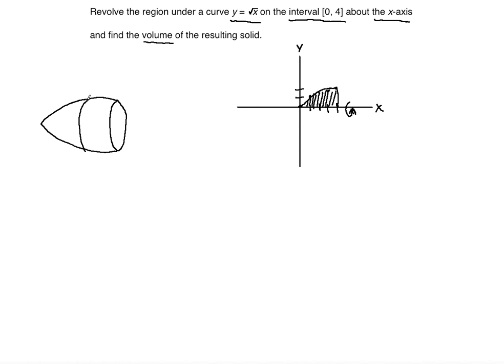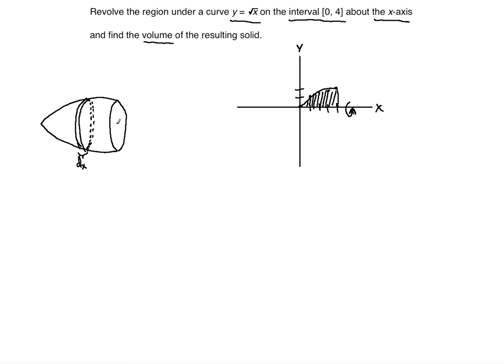Now take a look at this. Notice that this solid can be broken down into cylindrical slices, like that. Each cylindrical slice will have a thickness, which you can call the height of that slice, dx.